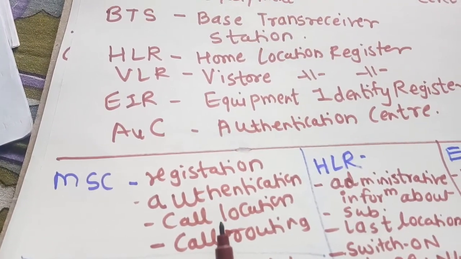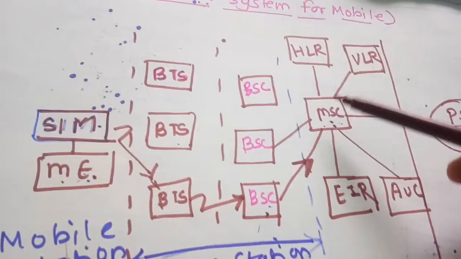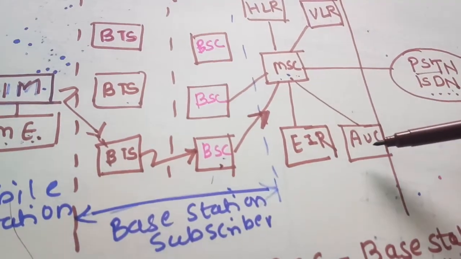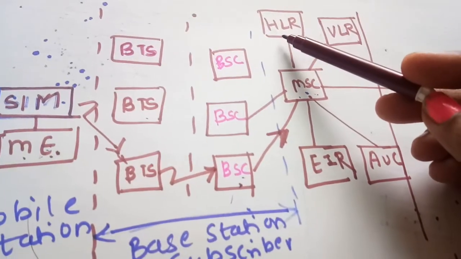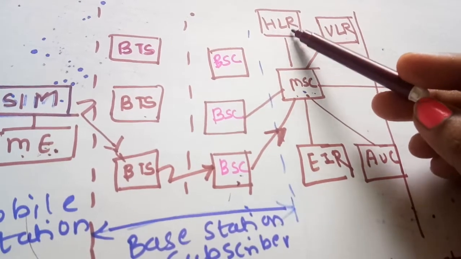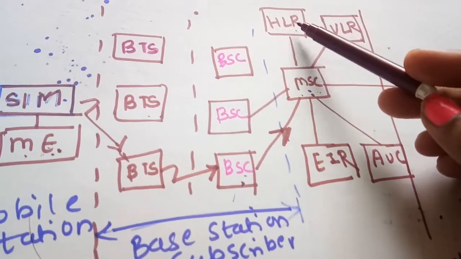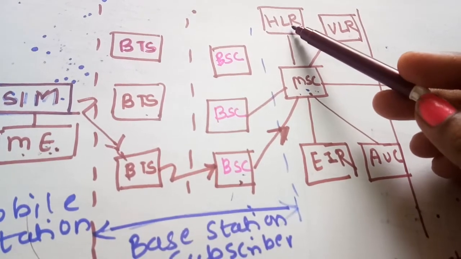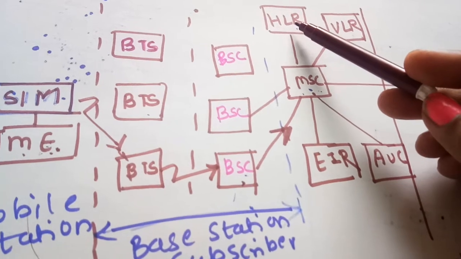What are the other registers available with the MSC? The MSC has the HLR, VLR, EIR, and AUC registers. HLR is the Home Location Register. As soon as we switch on our mobile, your location is identified by the network.